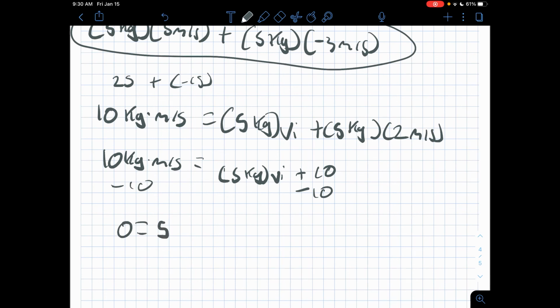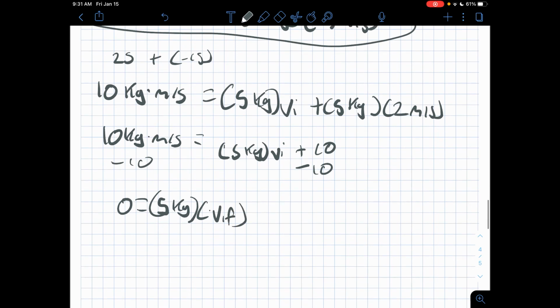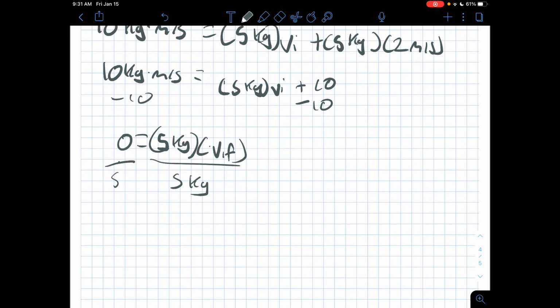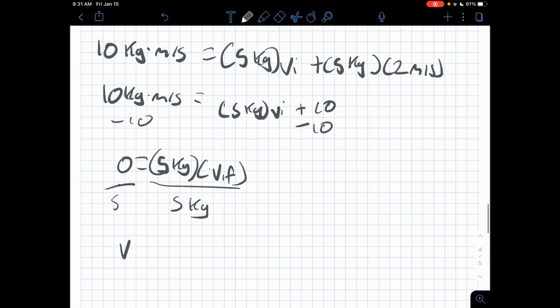You get 0 equals 5 kilograms times the final velocity, so v1 final. You divide both sides by 5, and you get 0 over 5, which is equal to 0. So the final velocity of the other object is 0.